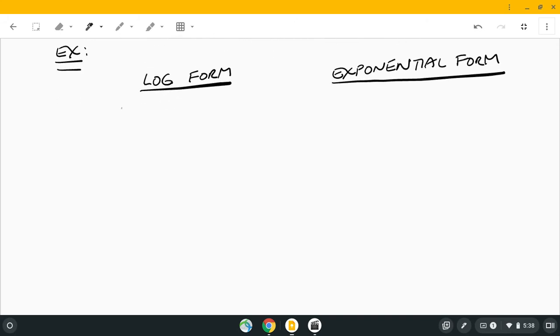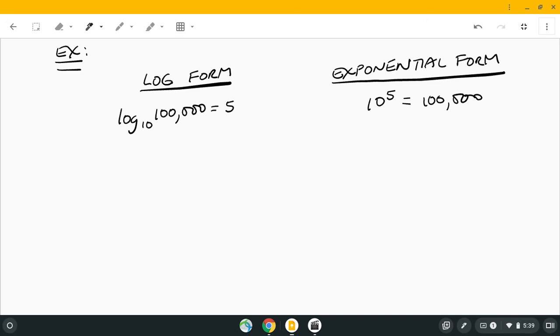All right, so if I have log base 10 of 100,000 equals 5, okay, if I have the log form, then I should be able to get the exponential form. I take the same base, which is 10, and I raise it to this outside number, 5, and that should give me this inside number, 100,000. And that is actually true, right?